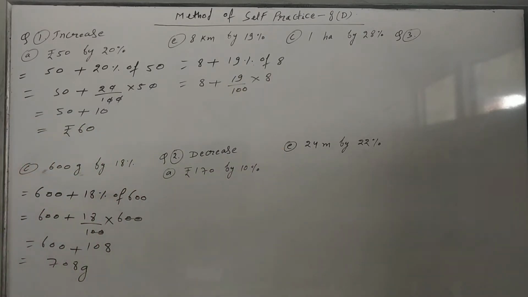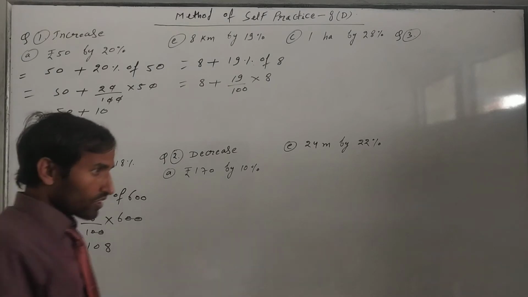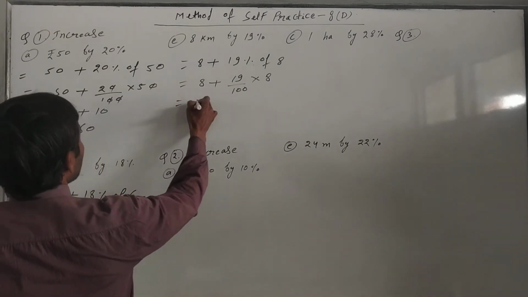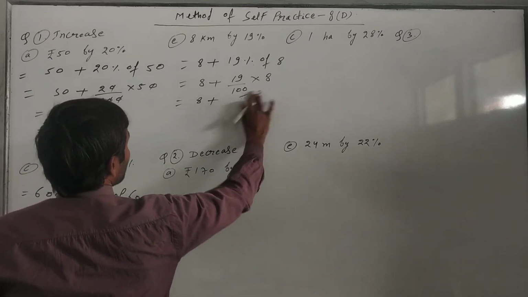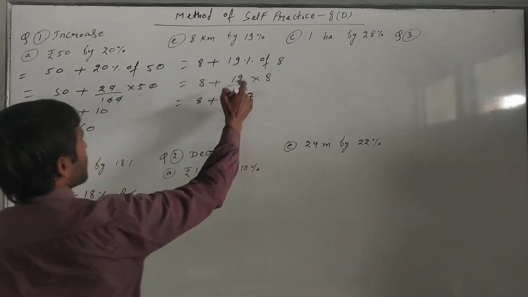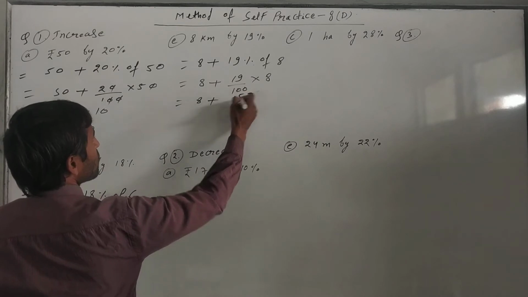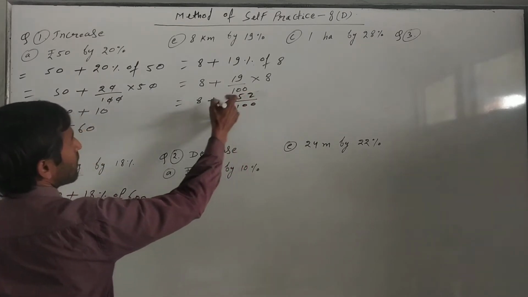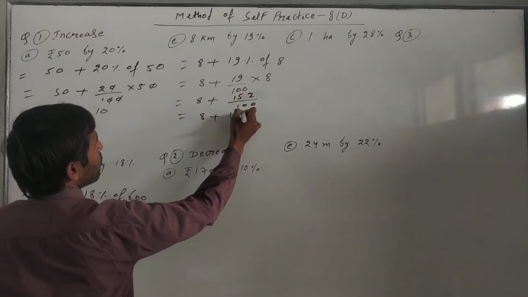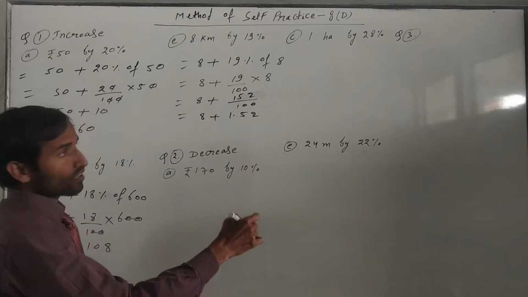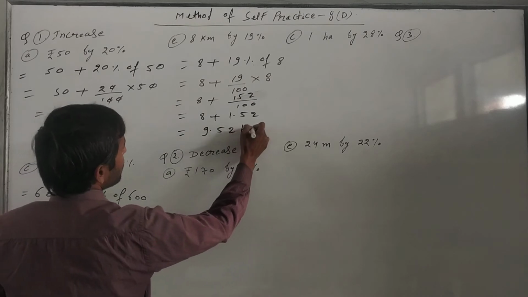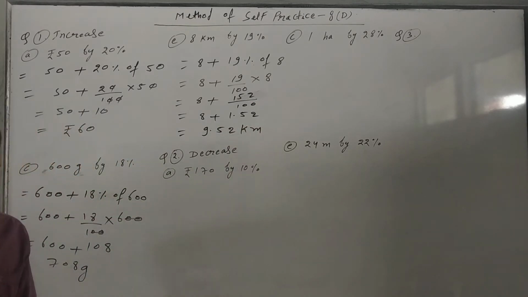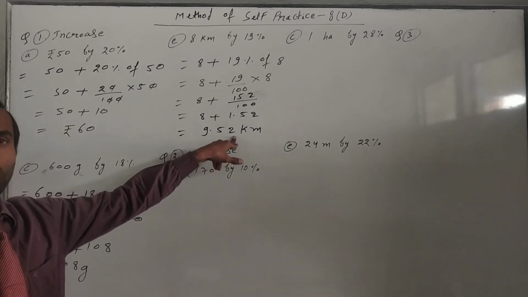Now multiply: 19 times 8, 9 times 8 is 72, carry 7, and 8 plus 7 is 15, so 152 upon 100. Then it will come 8 plus 1.52 kilometer. So the final answer is 9.52 kilometer. If we increase 8 kilometer by 19%, it will come 9.52 kilometer.